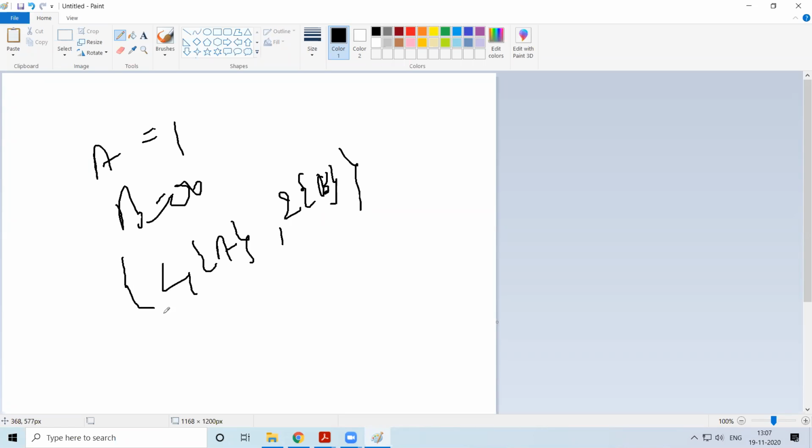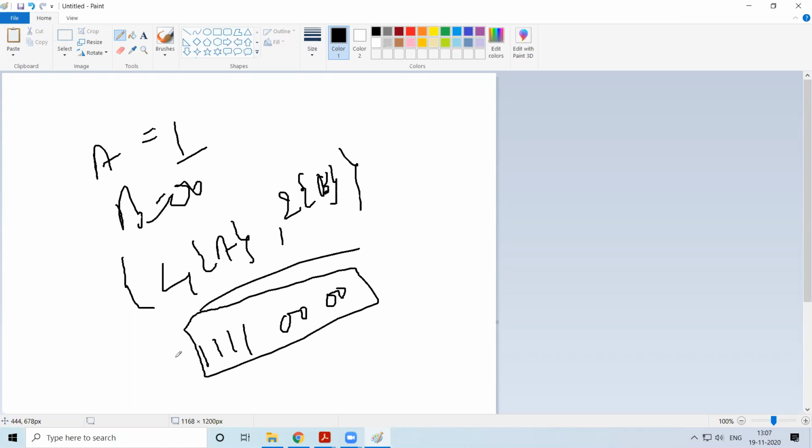This is the overall result. So A has to be repeated 4 times. It is 1 1 1 1, since it is just 1 bit. And B has to be repeated 2 times. So it is 0 0 the first time and 0 0 the second time. This is your overall result, which will be stored in Y.